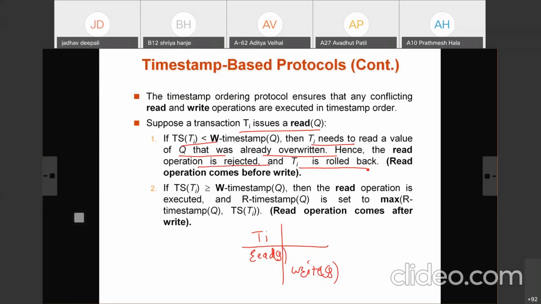It means read comes before write. It tries to read a value before the write operation. In that case, the read operation is rejected and the transaction Ti is rolled back.